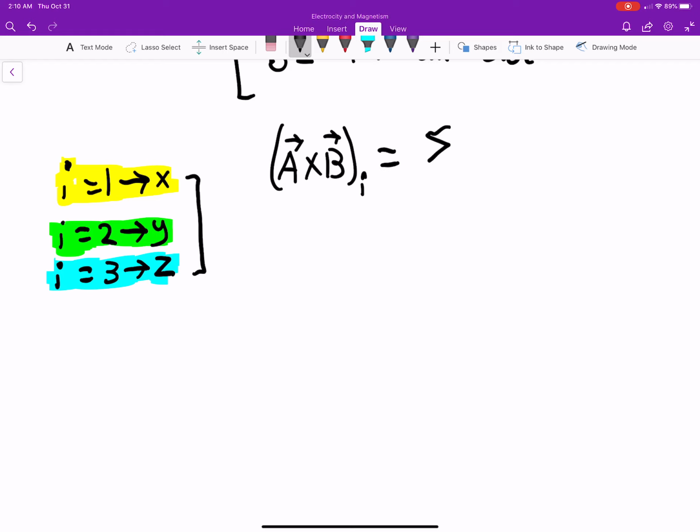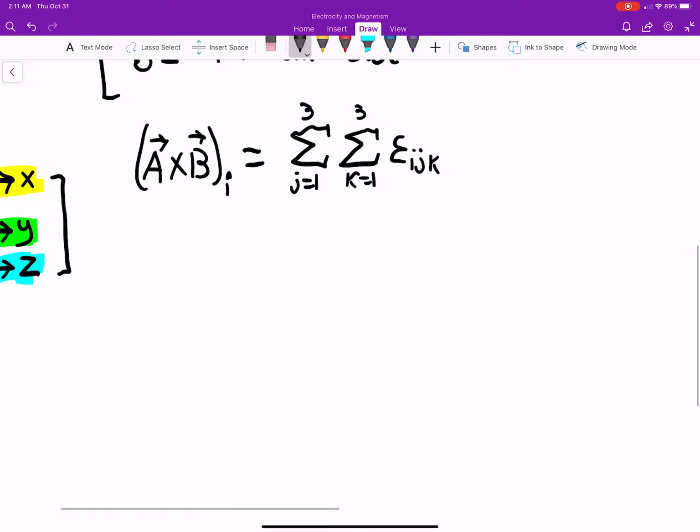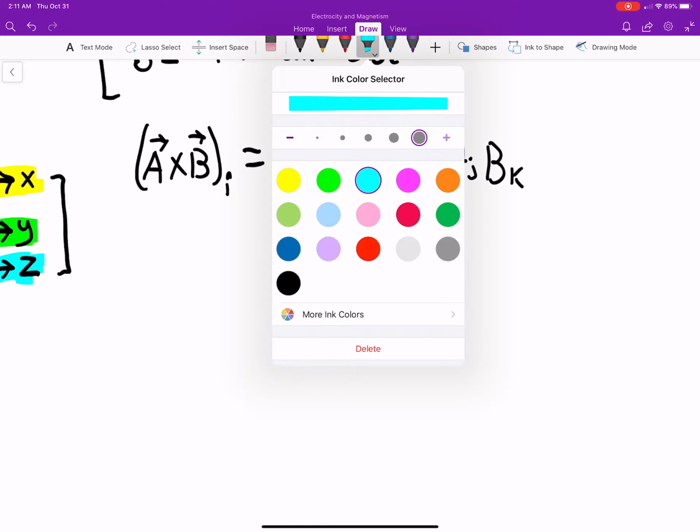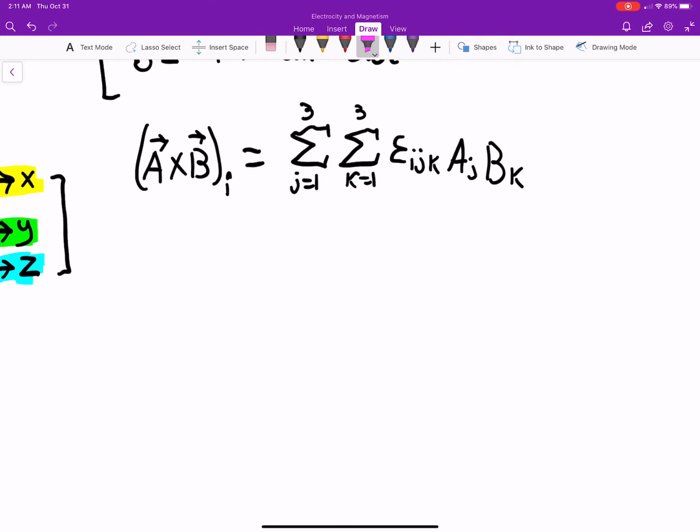That's equal to the sum of j equals 1 to 3, the sum of k equals 1 to 3, of epsilon I j k times A j B k. So let's look at this real quick. Again, this looks scary. It's not, don't worry.